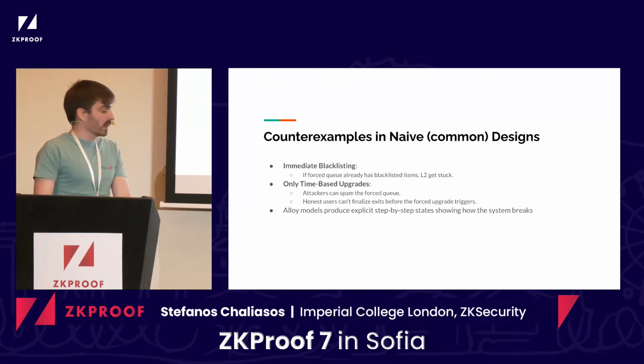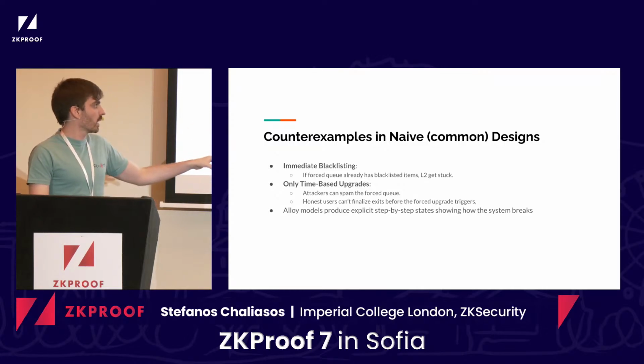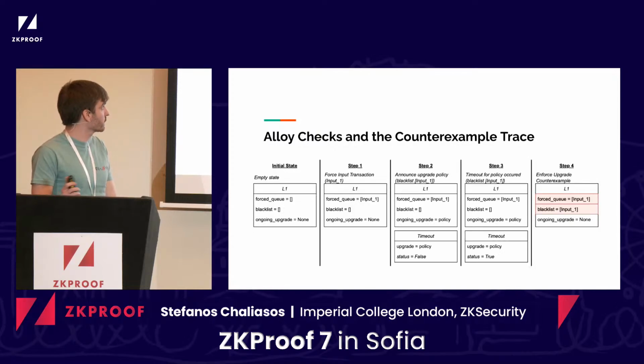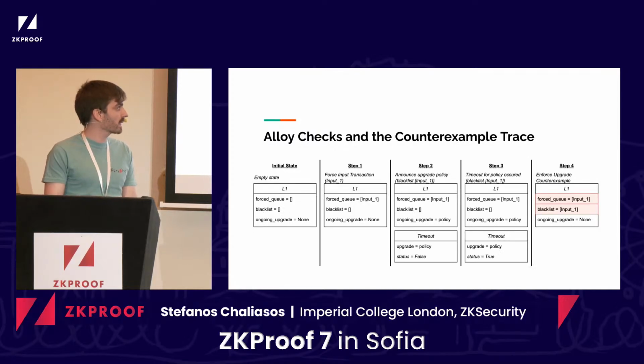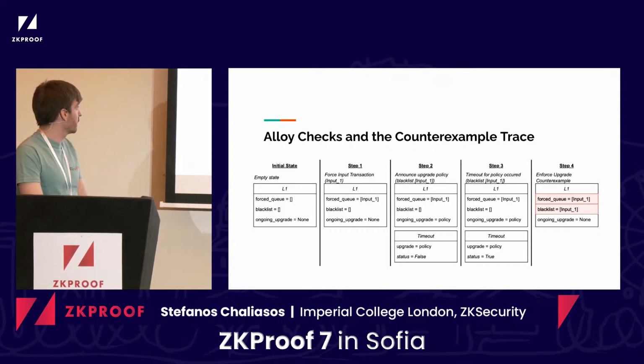So what Alloy does is that with the facts we define in Alloy, it will create counterexamples that show how the system can break. So here is the blacklisting example. And basically what we have here is that we start with an empty state where everything is basically empty.